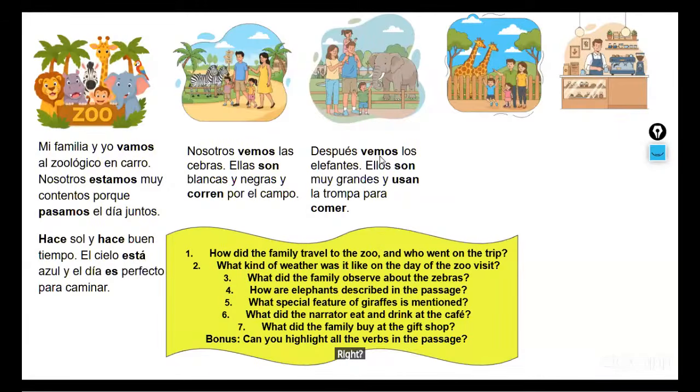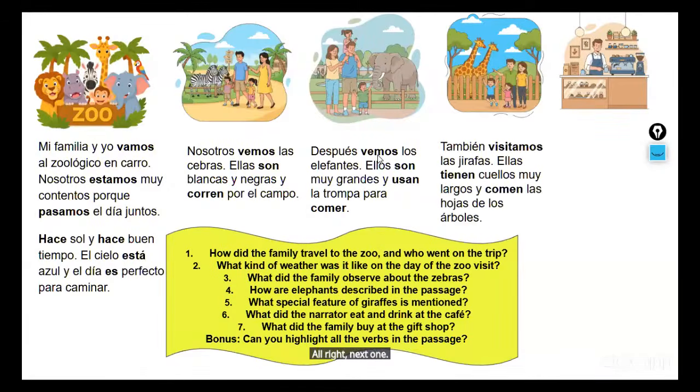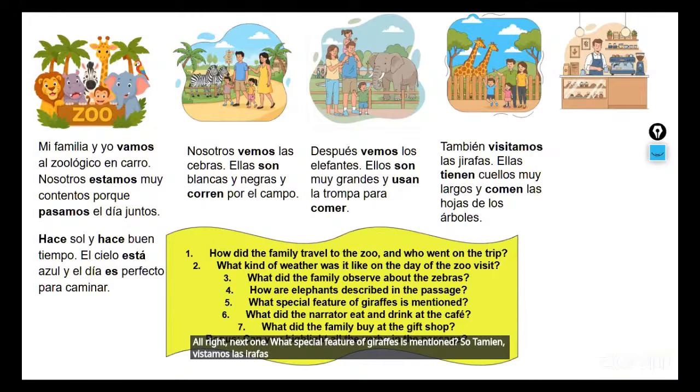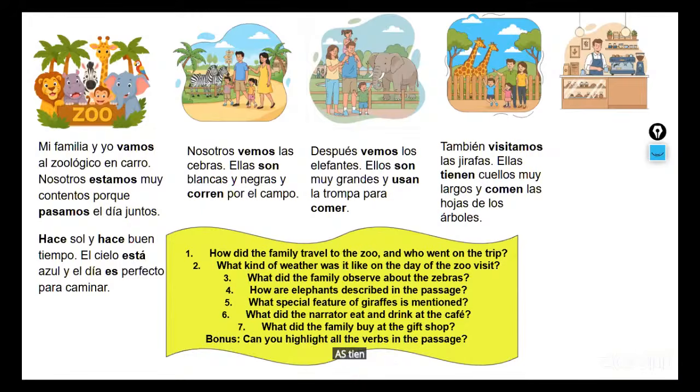All right, next one. What special feature of giraffes is mentioned? So también visitamos las jirafas. Ellas tienen cuellos muy largos y comen las hojas de los árboles. What do the giraffes have?